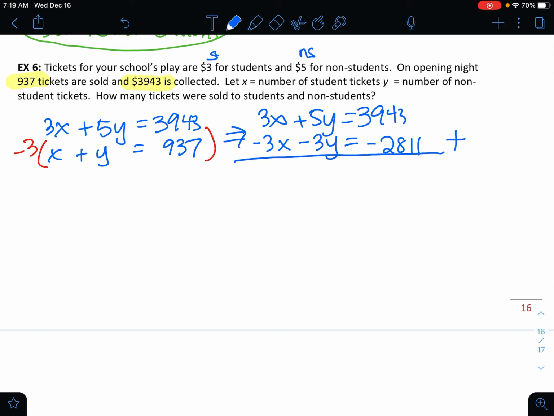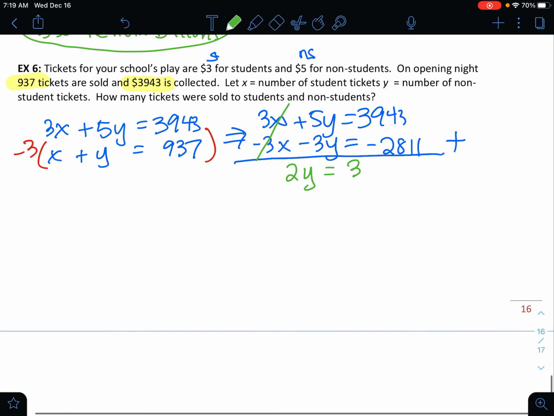Now we are ready to add. So I do have my cancellation right here. 3X minus 3X is 0. 5 minus 3 is 2. So I've got 2Y. 39.43 minus 28.11 is 36.61. And then I'm going to divide by 2. Oh, wait a minute. That's not right. It should be a lot lower.